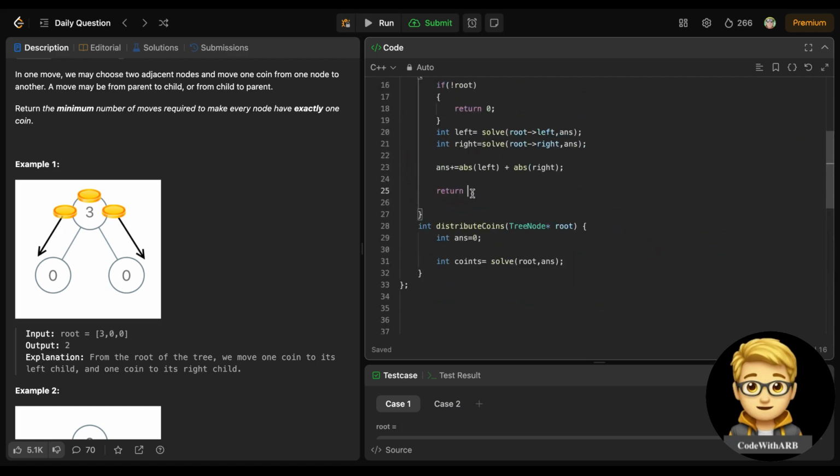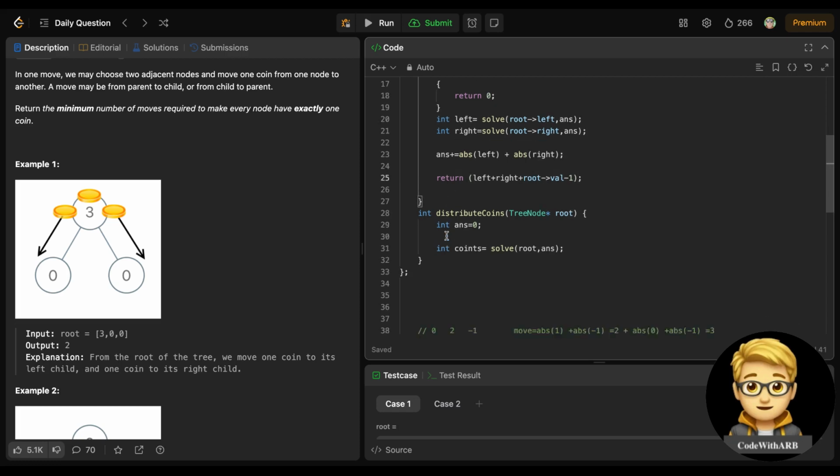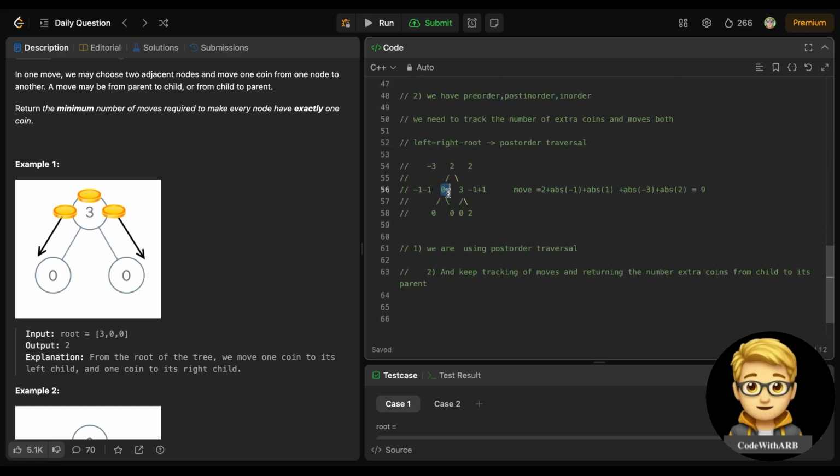So it requires my total number of coins. So it has left plus right, plus its coin value minus 1, because it can be possible that it has a deficiency, or it can be possible it has extra coins. So if you see node 3, it requires 1 coin, so it can give 2 coins, and its node has minus 1 plus 1, so 2 minus 1 plus 1.